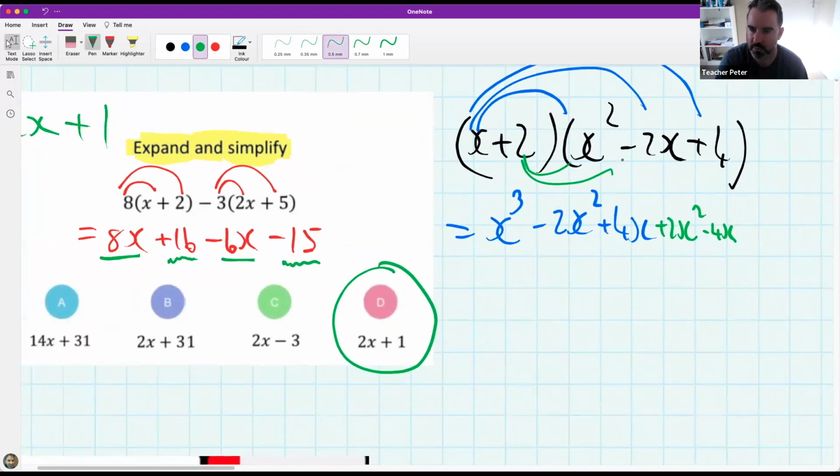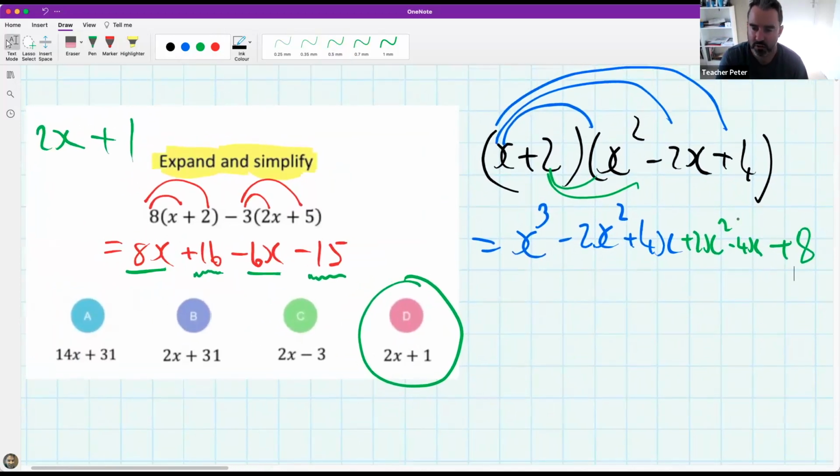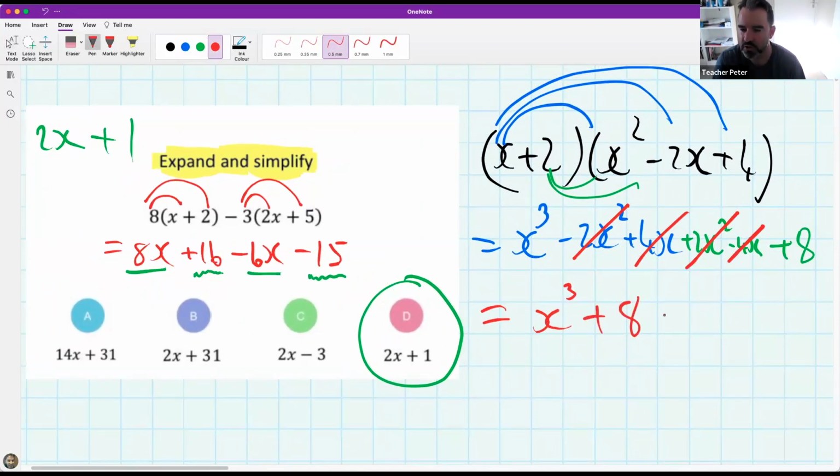And what's the last one going to be? 2 times plus 4 is going to be 8. So then we are looking for like terms, and we notice that minus 2x squared plus 2x squared is 0. 4x minus 4x is 0. And so this all goes down to x squared plus, sorry, x cubed plus 8.